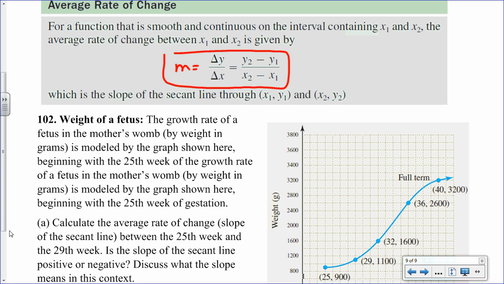So our X is our weeks, Y is the weight in grams. So pregnancies are measured in weeks. That's why if you ask someone, oh, how far along are you? They'll tell you in weeks instead of months, because really it's measured in weeks. And so then you have your full term is 40 weeks. So it's not technically 9 months.